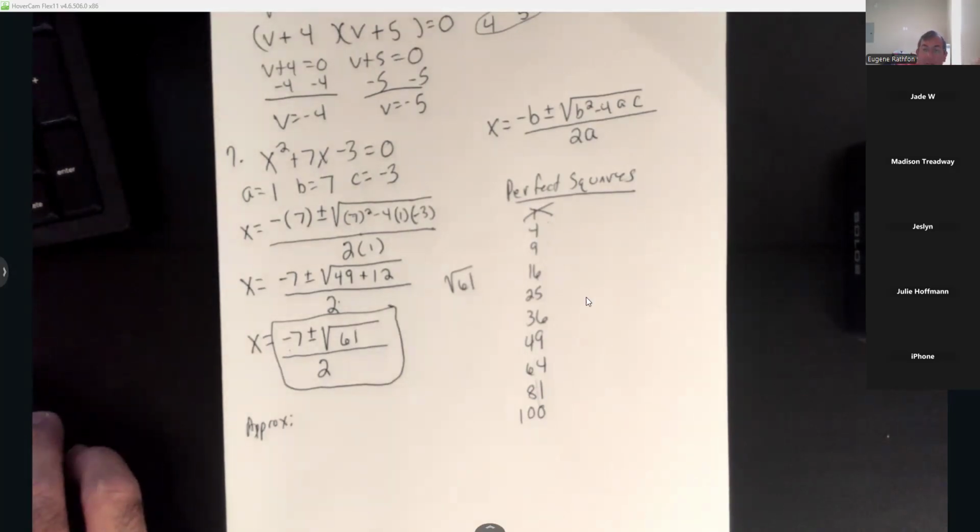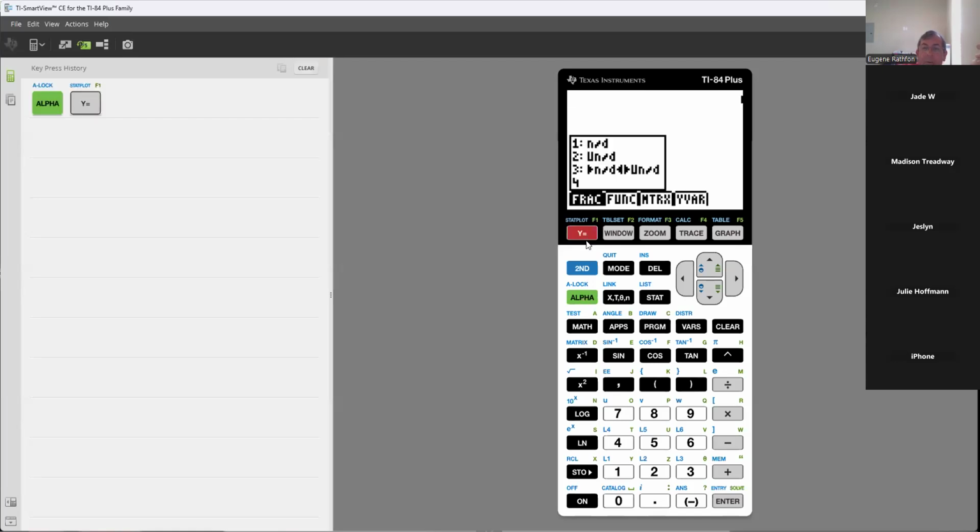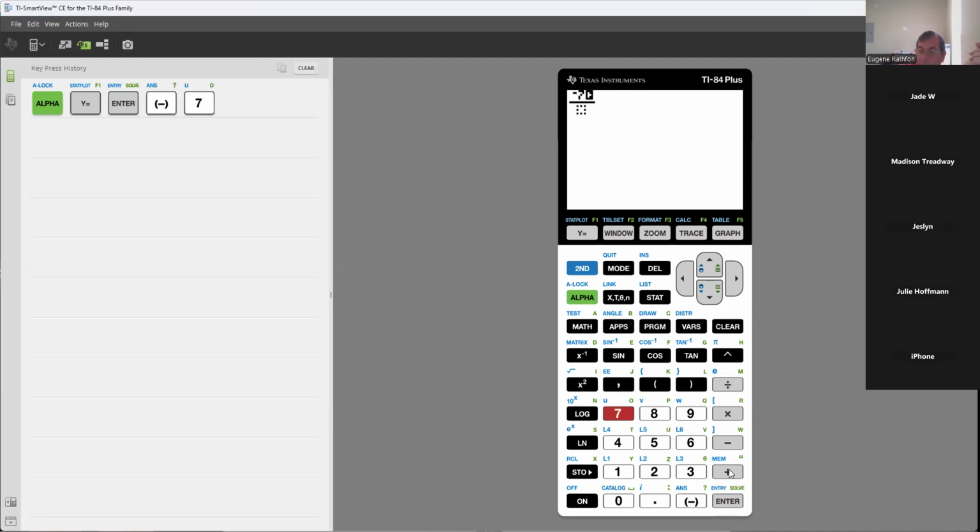All right, so I'm going to make it look like a fraction by hitting alpha, y equals, and enter. On top, I had a -7. I'm going to do plus first. Plus, second x squared gives me the square root. Put in my 61. Now I'm going to arrow to the bottom and put in a 2.